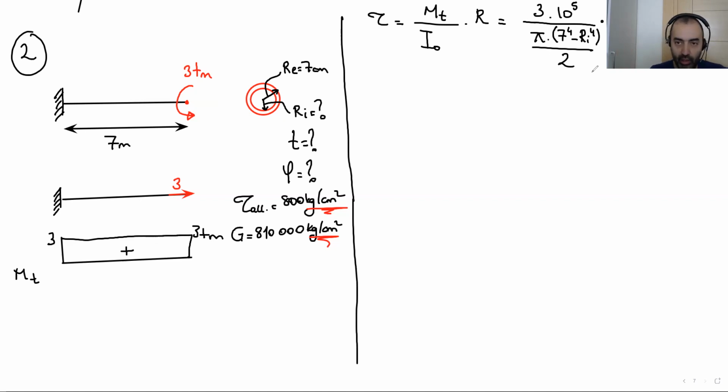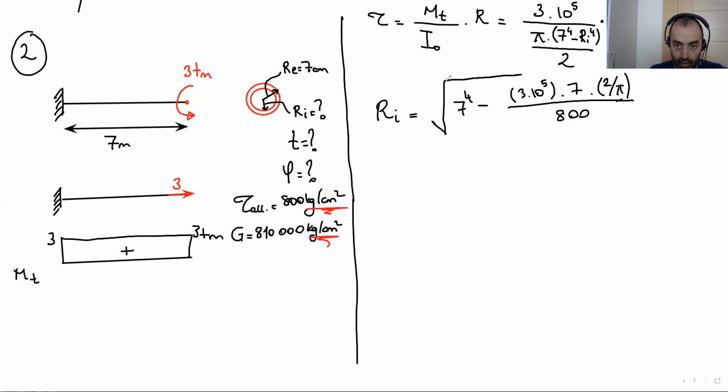So if you make the arrangement here, we have only one unknown, Ri, or by the way, 3 times 10 to the 5 times 7 times 2 over pi.